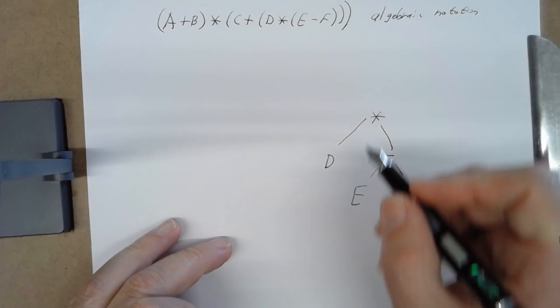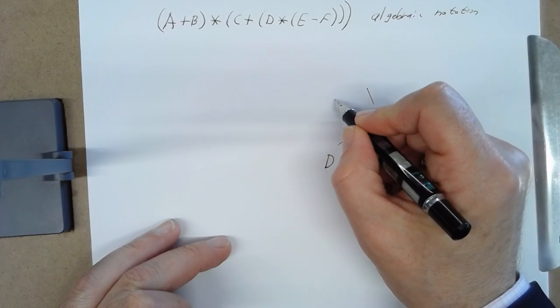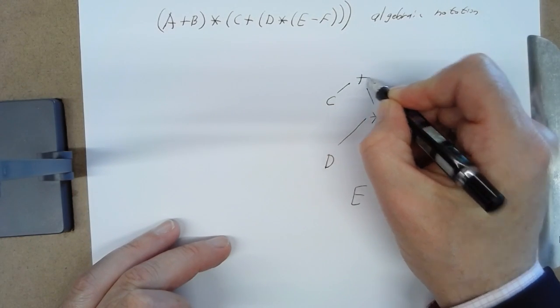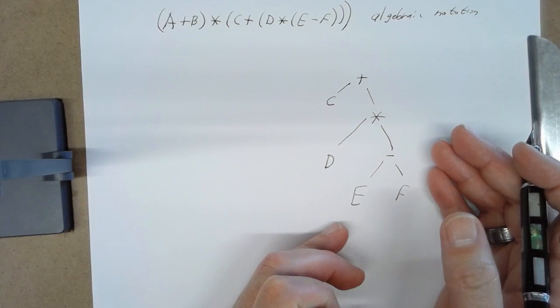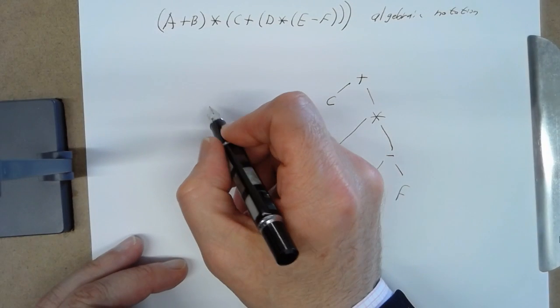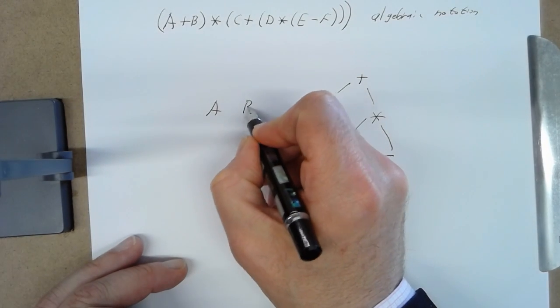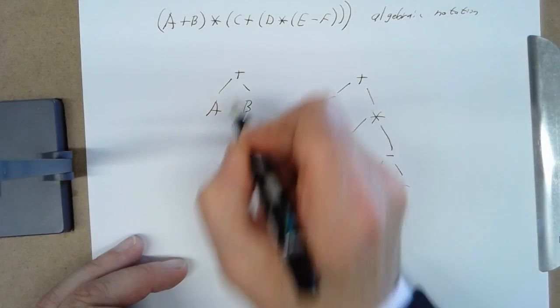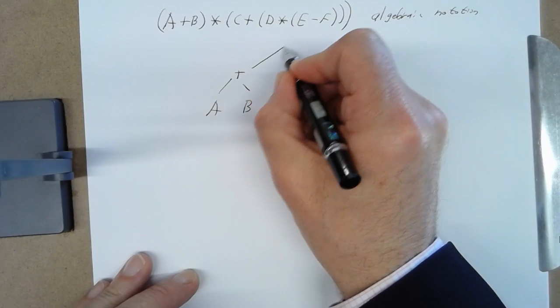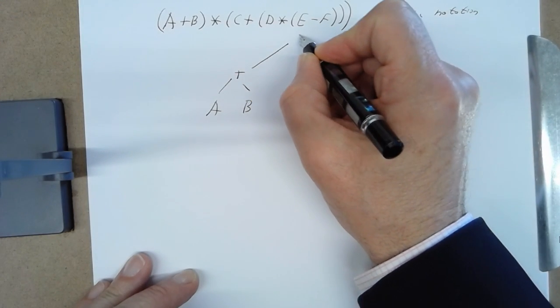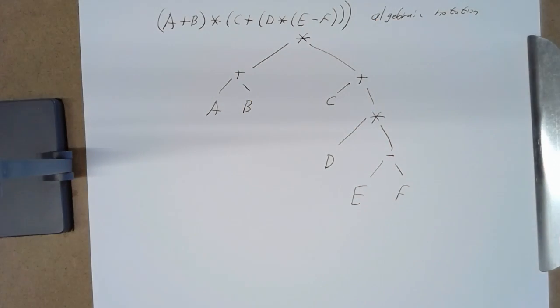And if we want to add a C to that result, we can have C plus all of that stuff. And we can make a totally separate tree, which is A, B, and a plus. And that's this expression right here. And if we want to multiply those two expressions together, we can simply make them children of a star.